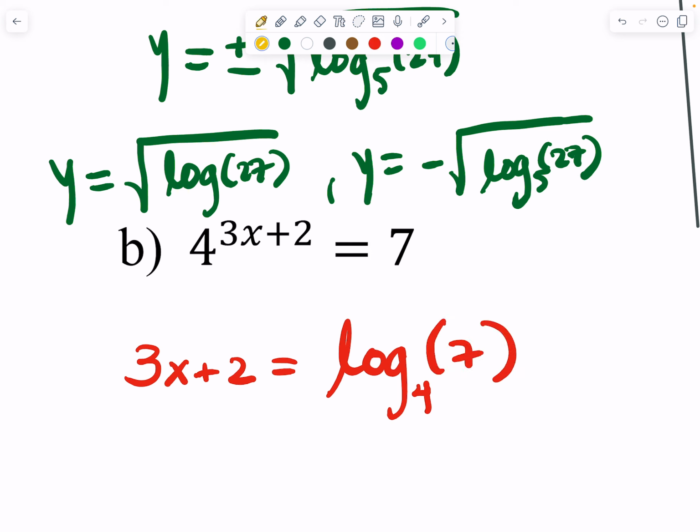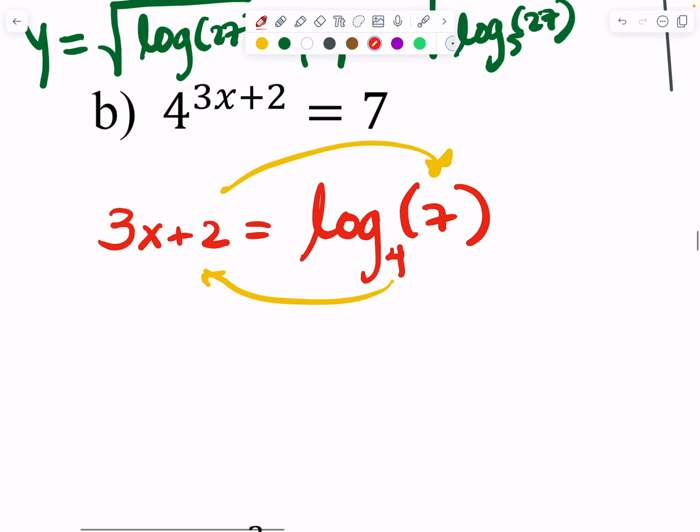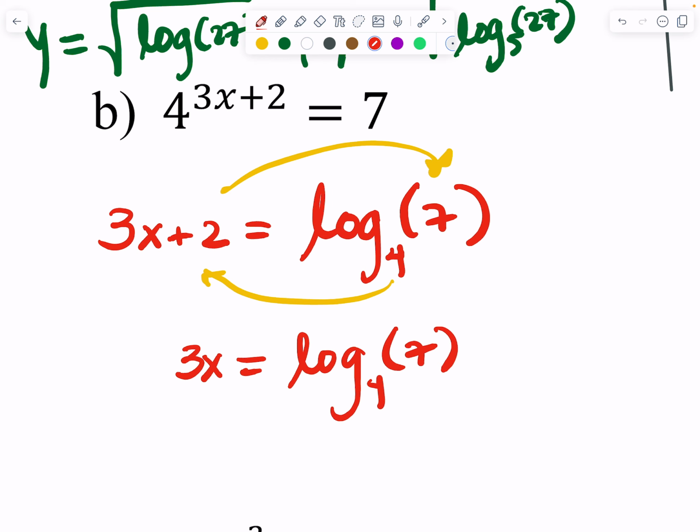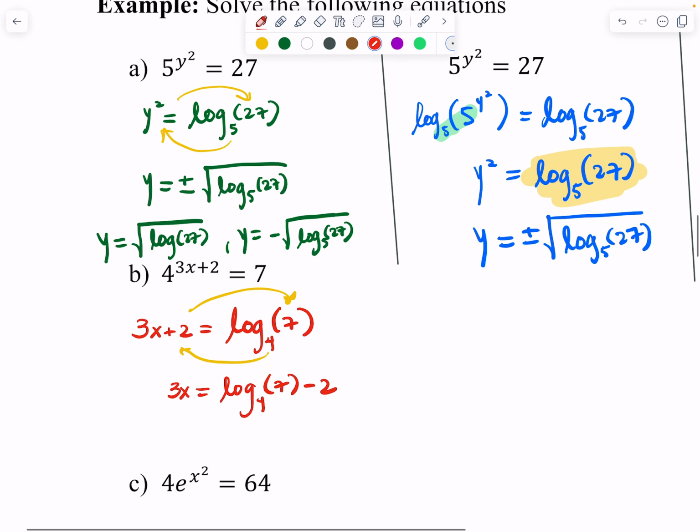And again, you are always welcome to do the little check, like, yep, I rewrote that the correct way. And now we have the x out of the exponent position, so we can just use properties of equality. We could subtract 2 on each side of the equation, and then we could think about dividing by 3.